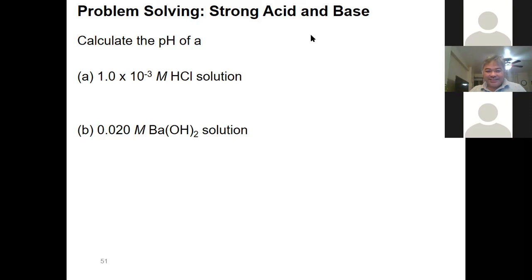So, paano gagawin natin dito? Anyone? So, ano yung HCl? Strong acid, strong base, weak acid, weak base. Strong acid po.